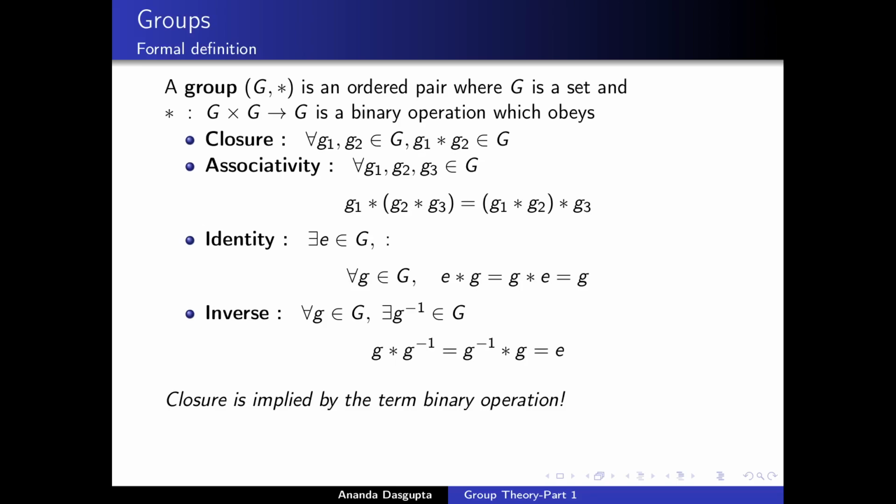That's what G2 star G3 is. And then you are going to do G1. So the upshot is G1 star within bracket G2 star G3 essentially is: do G3 first, then G2, then G1. It's very easy to see that the right hand side also means exactly the same thing. Do G3 first, then G1 star G2, which is do G2, then do G1.